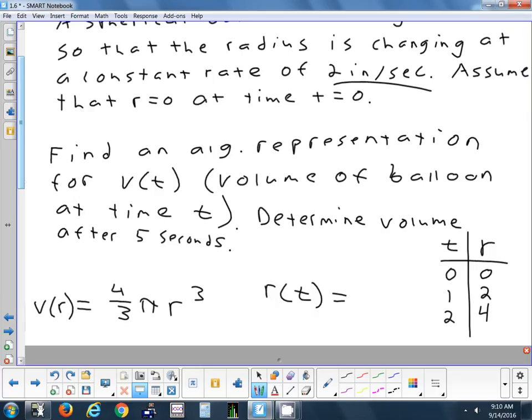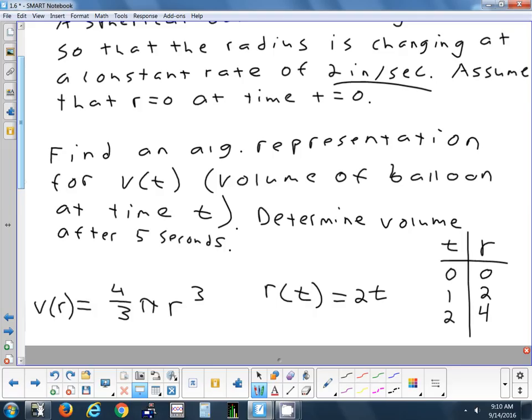So what's the equation here that gives me my radius as a function of time? Yep, Josh. 2t. Just what letter are we using here? T. T for time. There's your formula for radius as a function of time.